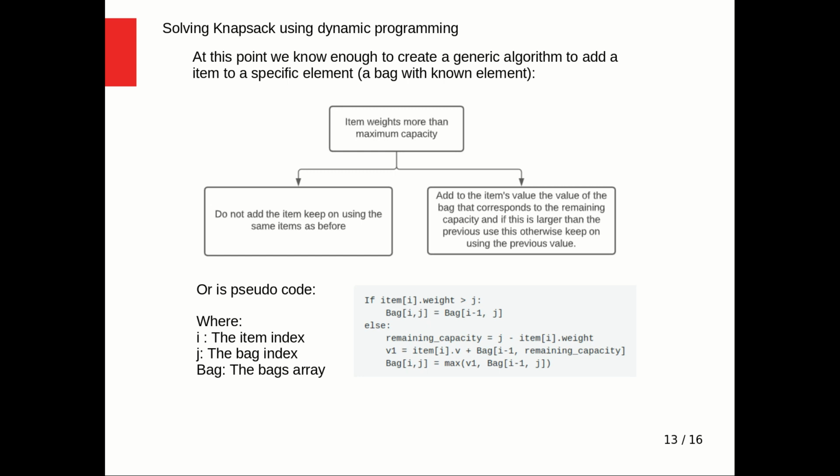Either the value as it was before is going to be the one we're looking for, or the value of the current item added by the value of the carry on item that we can use the remaining capacity to combine it with.